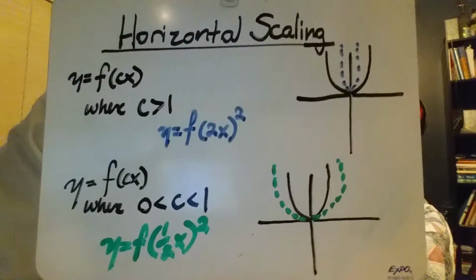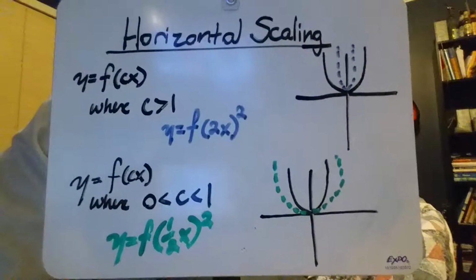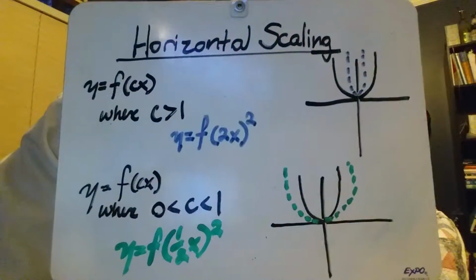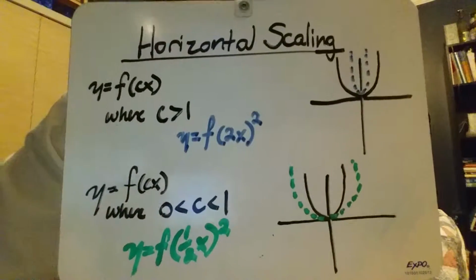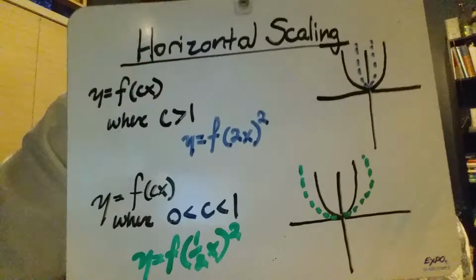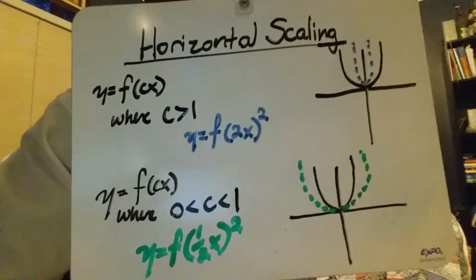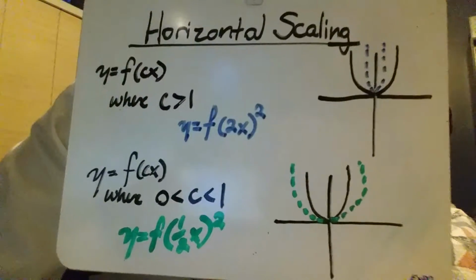All right, here we're going to talk about another type of transformation, and this is horizontal scaling. Now here, you're going to see that the c is still inside of the parentheses in your base equation here, but it is actually being multiplied by your variable, x, in this case. So once again, we're staying true to the x squared as your base equation.